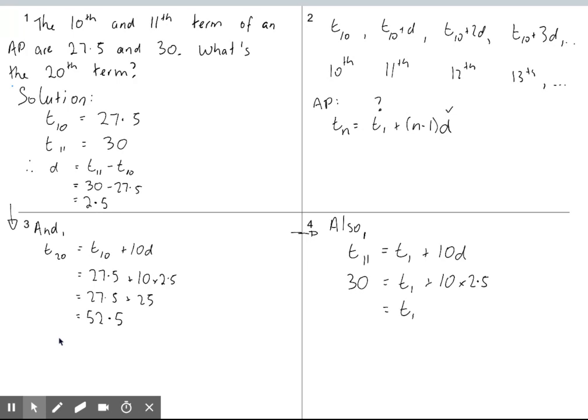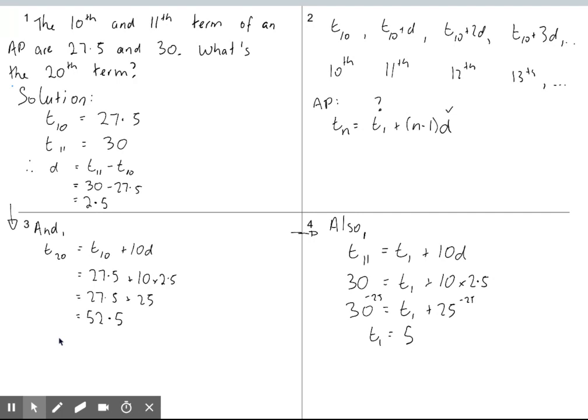Now, if I simplify that, I've got T1 plus 25 is equal to 30. And now if I subtract 25 from both sides, and I'll just flip those sides around as well, we get T1 equaling 5. That's good. We've worked out the first term. We worked out the difference before.